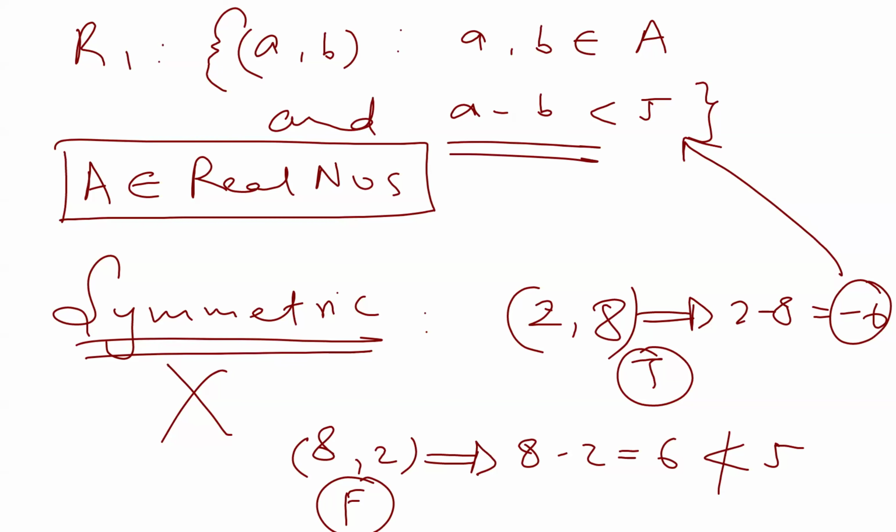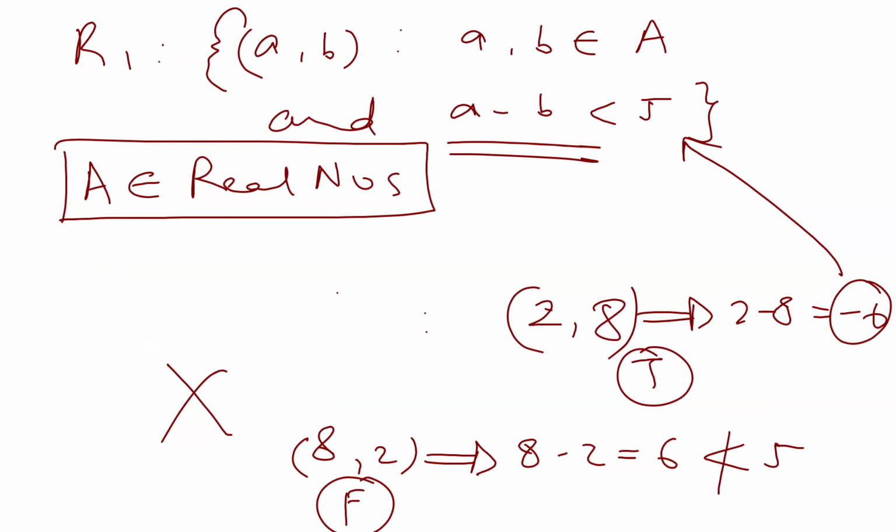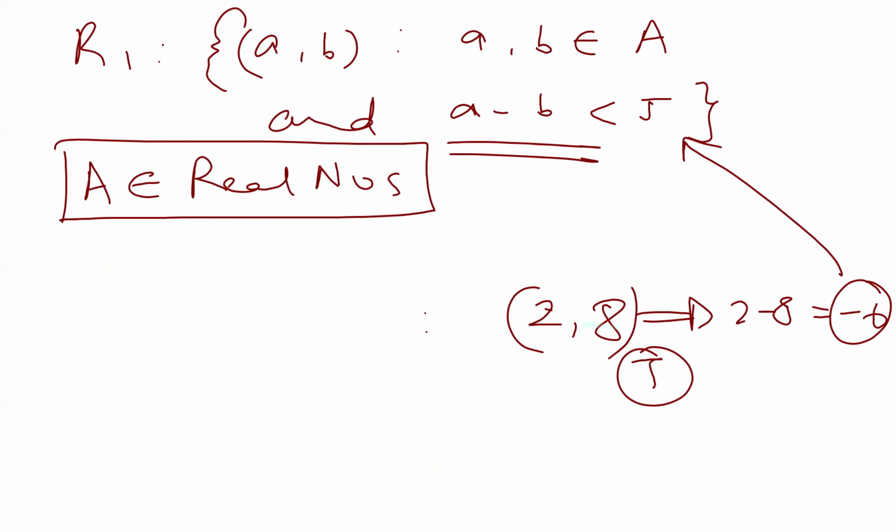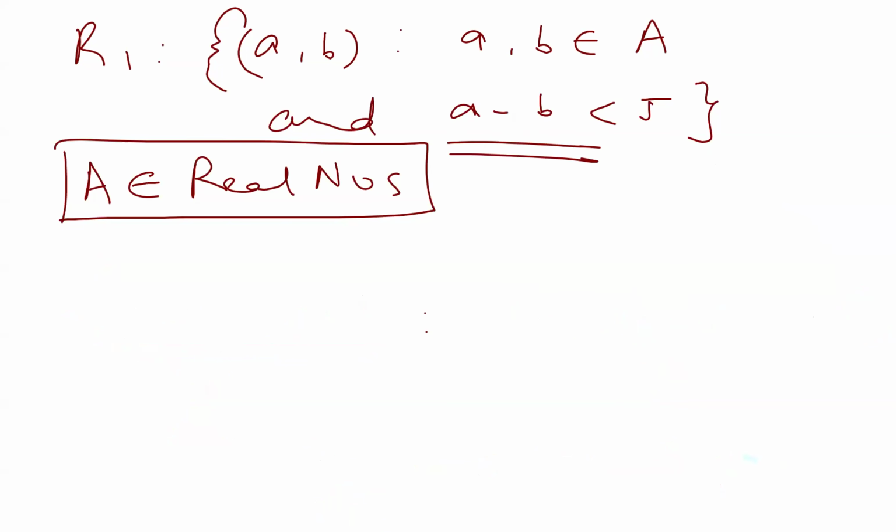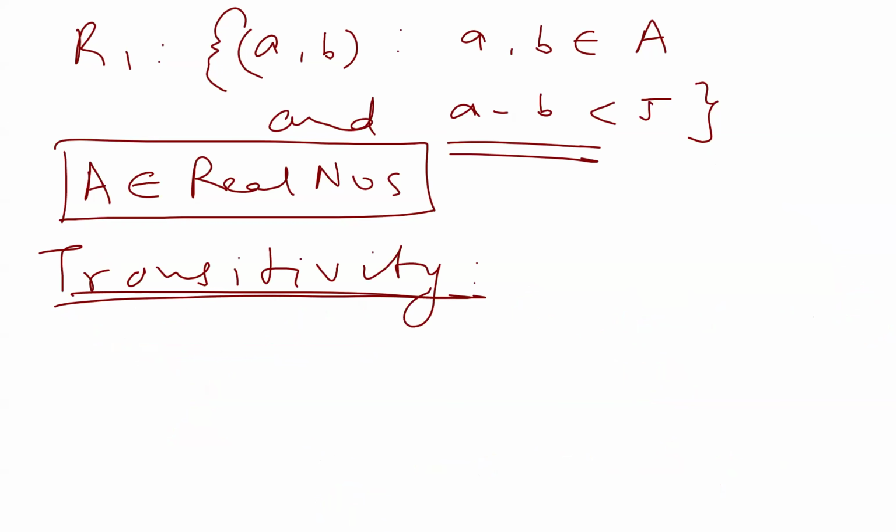Let's go to transitive. In transitivity, the first two statements should be true. Let's say 5 comma 1.